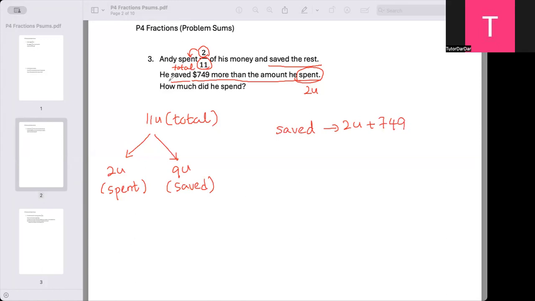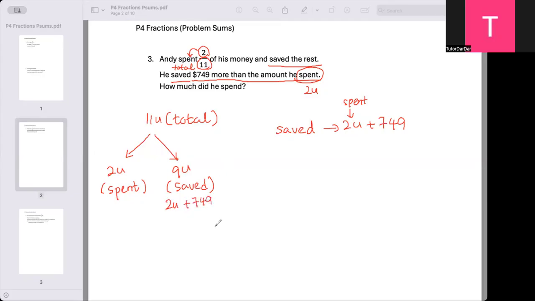So based on this, you can see he saved $749 more than the amount he spent. So this 2 unit is spent plus $749. So now we rewrite this here. So saved is 2u plus $749.